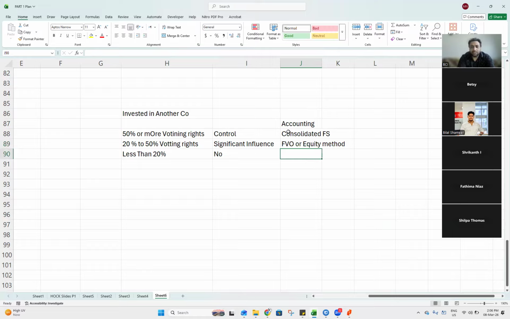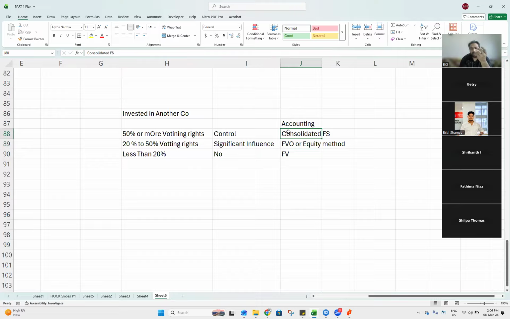Or if you have less than 20%, then fair value. So if you have less than 20% shares in another company, your shares will be valued and recorded in the books at fair value. Clear? Fair value means the market value. Now, if you have more than 20%, up to 50% shares in another company, you have to record your books in the equity method.